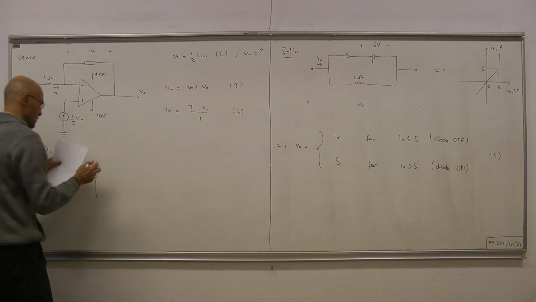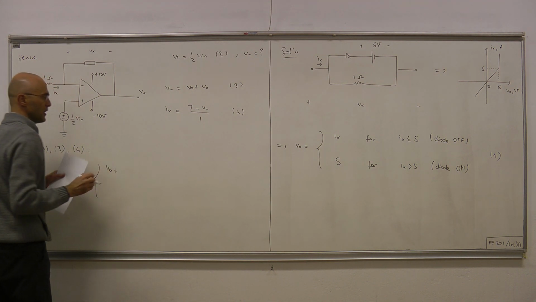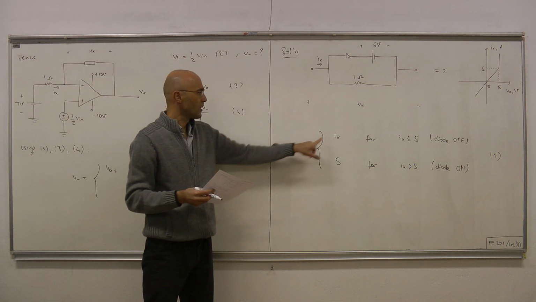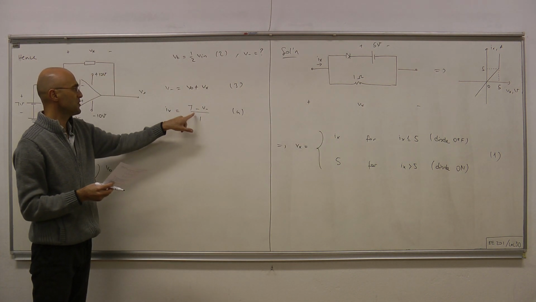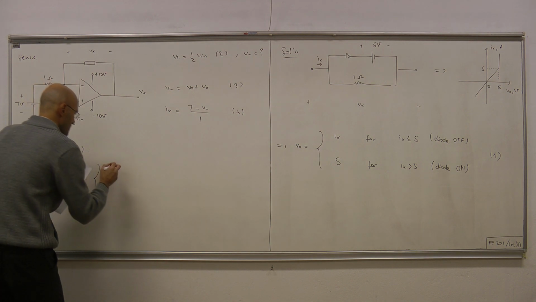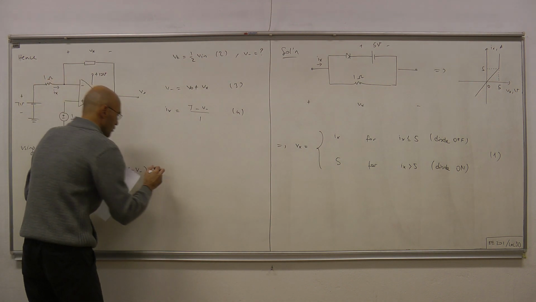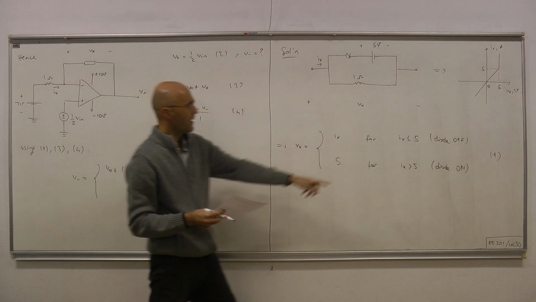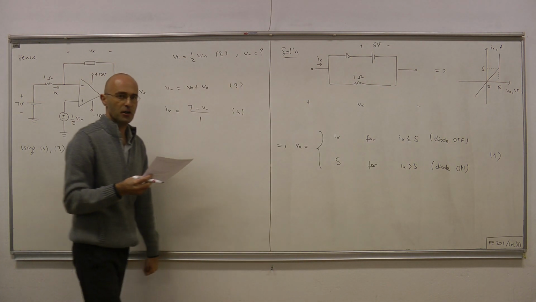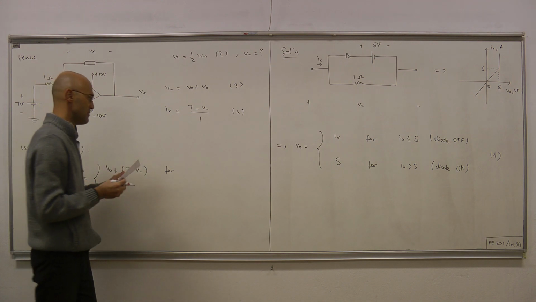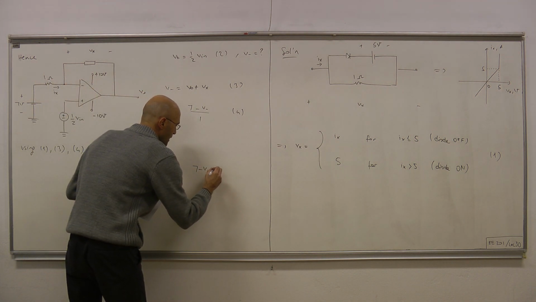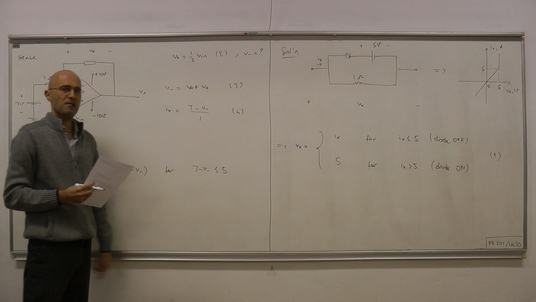So V minus therefore equals V out plus Ix, and Ix is 7 minus V minus, for 7 minus V minus less than or equal to 5.